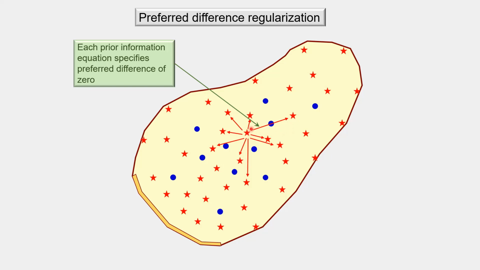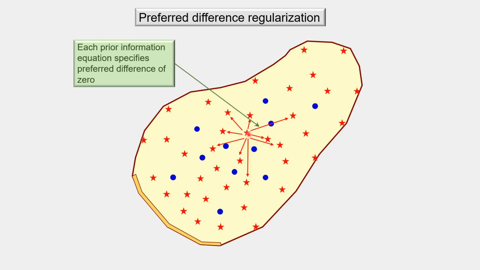Each pilot point is linked to each one of its neighbors by a prior information equation expressing the fact that the preferred value for the difference between the values associated with the pilot points is 0.